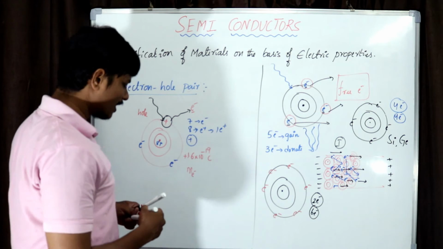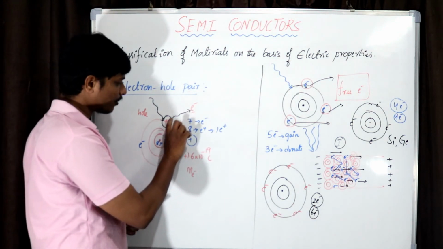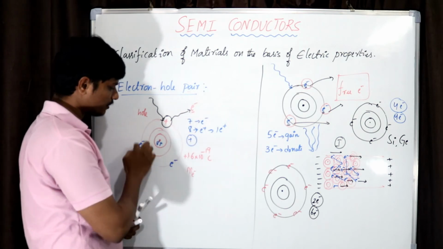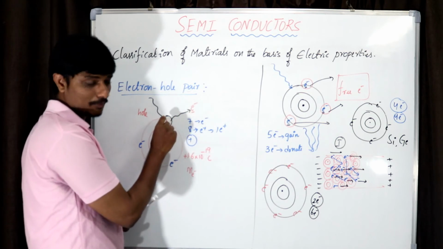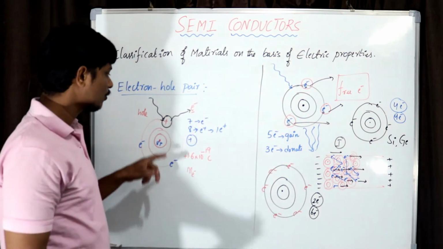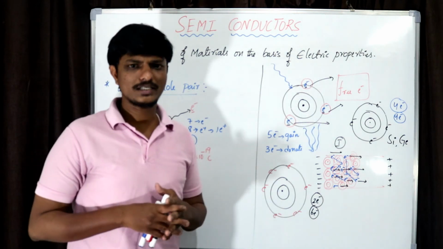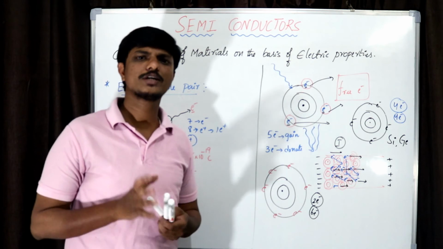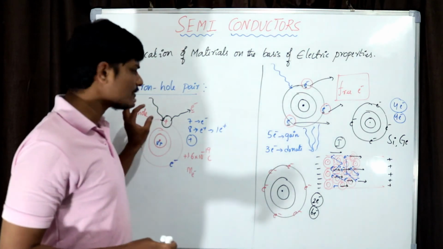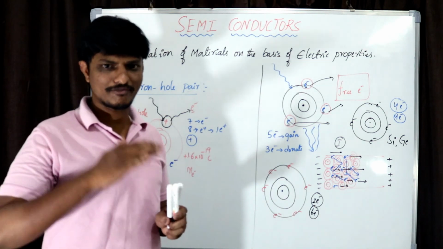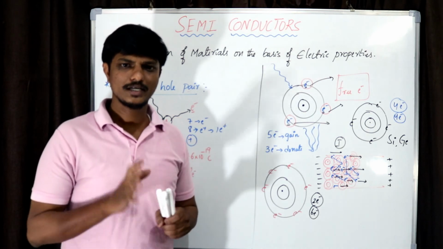Remember, the charge of a hole is equal to the charge of an electron, because as the electron left, the same amount of charge the atom acquired, and the mass of a hole is equal to the mass of an electron because the same amount of mass is lost by the atom. Therefore, a hole is imaginary; it's not a particle, it's a place. Remember, a hole is not a particle. Keep this point in your brain. So a hole is a place where an electron left out. Because of that, a positive charge is created in an atom.